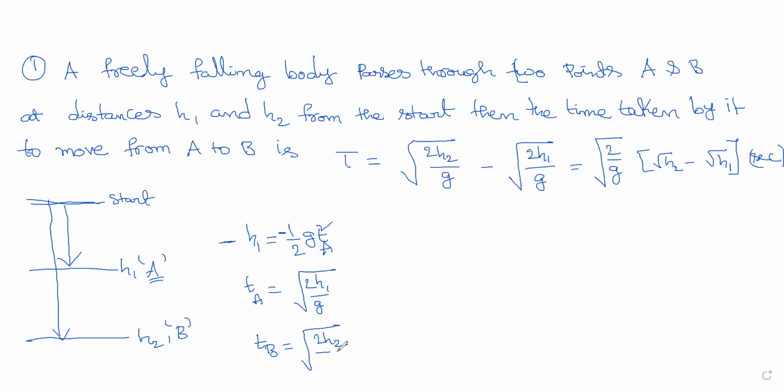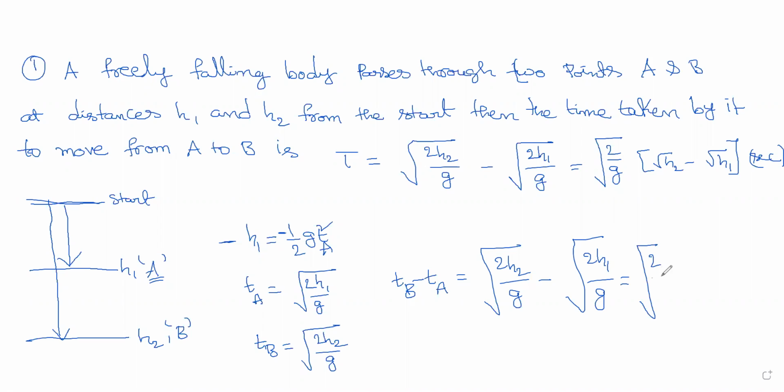This we solved yesterday. So TB minus TA, when you do, this is what you get: square root of 2H2 by g minus square root of 2H1 by g. So when you take square root of 2 by g common, you will get root H2 minus root H1.